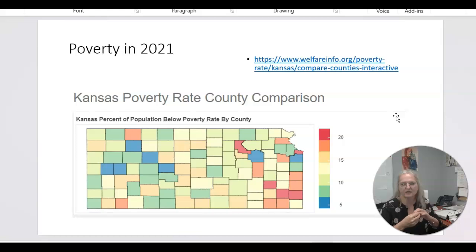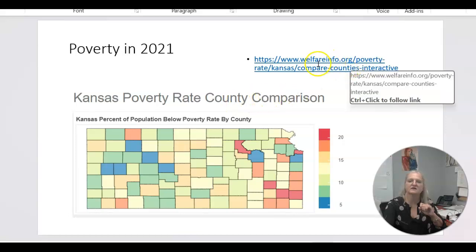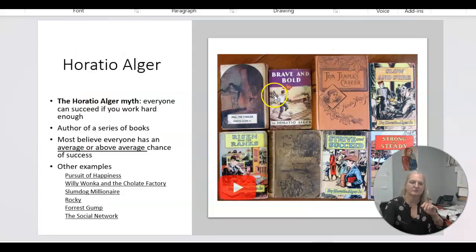So you could argue it's a wee bit distorted, but there are a lot of people who live in Riley County who don't earn livable wages. Where is Saline County? Saline is one of these two in here, a lot lower, and then way out here. But anyway, it's kind of a fun little map. You can compare all kinds of variables.